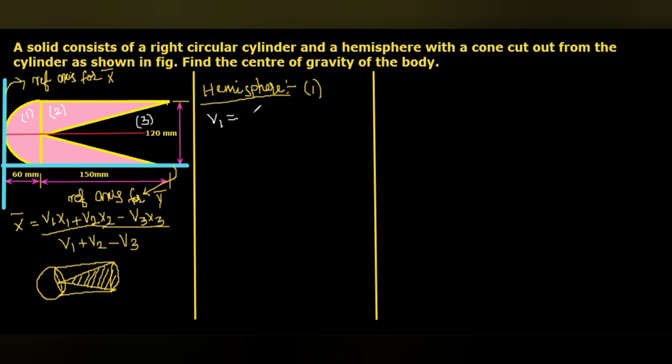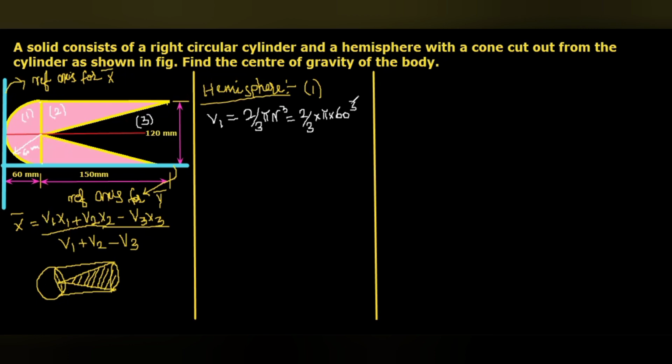So we can write V1 as 2 by 3 pi r cube. Here you can see the diameter of the hemisphere, from this one to this one, is 120. So the radius will be 60 mm. So substitute the value: 2 by 3 multiplied by pi multiplied by 60 cube.